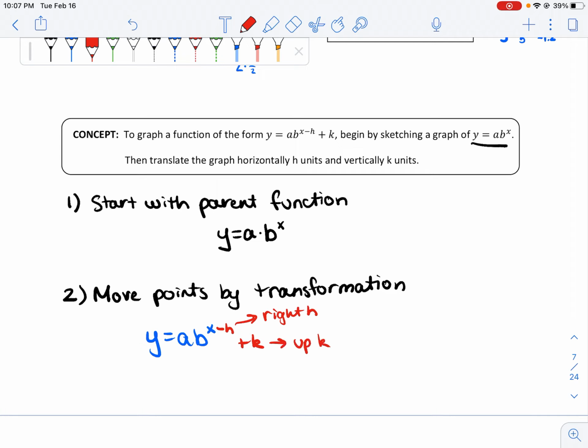Then you could also have the other version, y equals a, b to the x plus h, minus k. This would move left h and down k. So that rule is still the same.